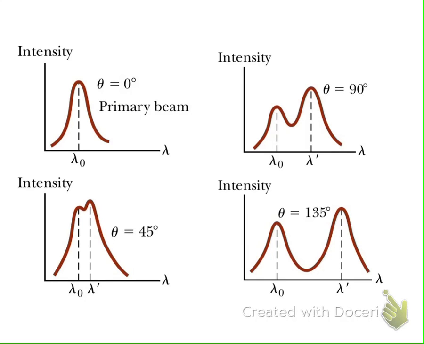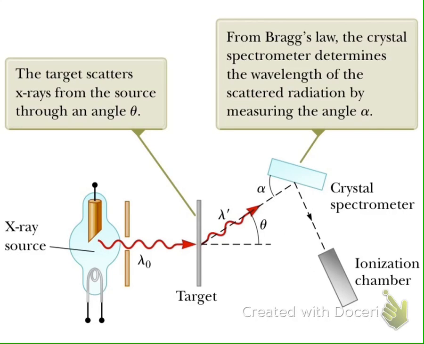The experimental result is something like this. Once you change the angle, it means that you measure the light ray scattered at a different angle.